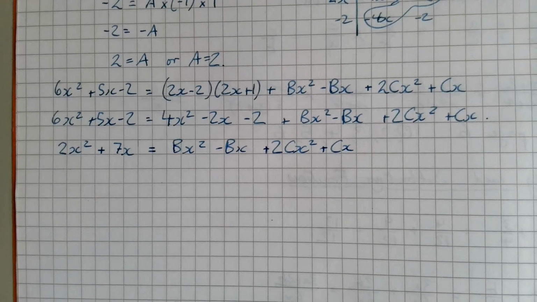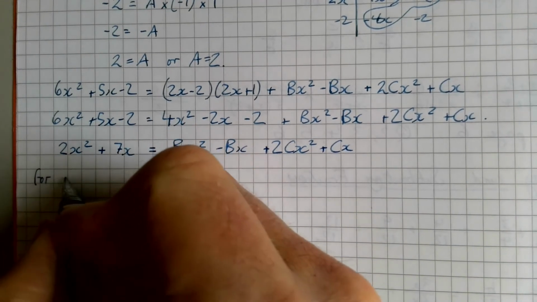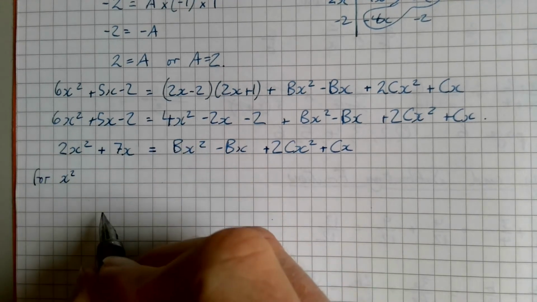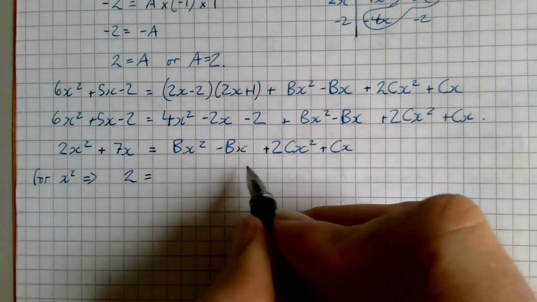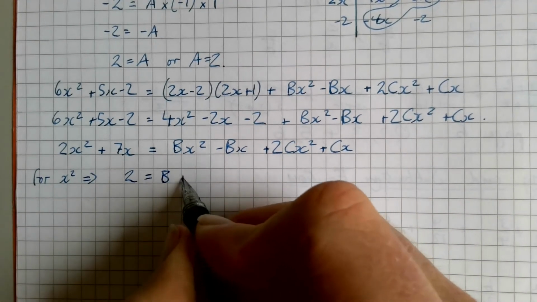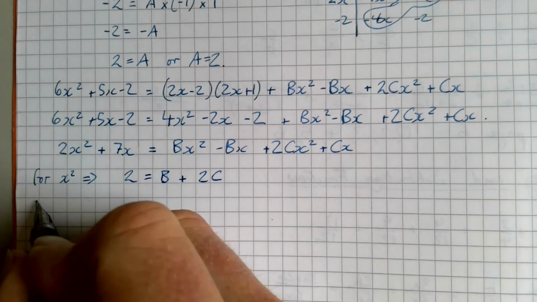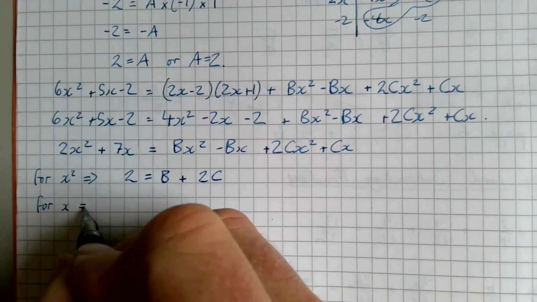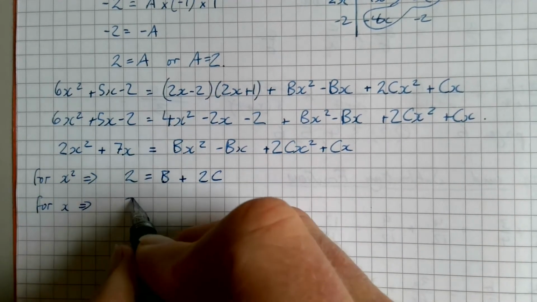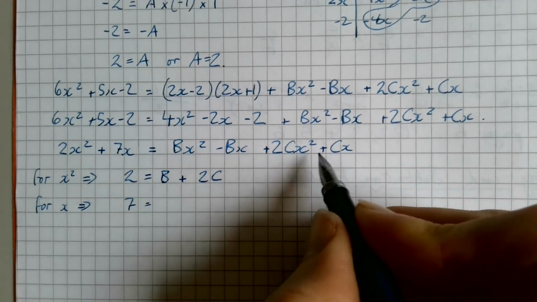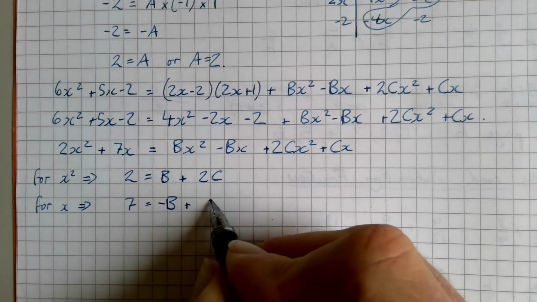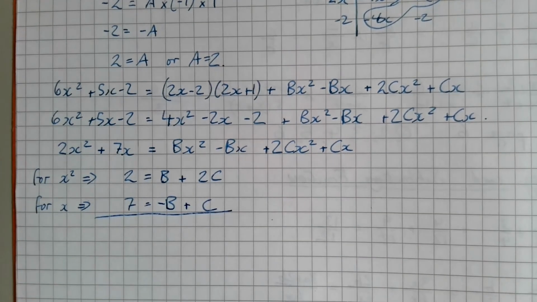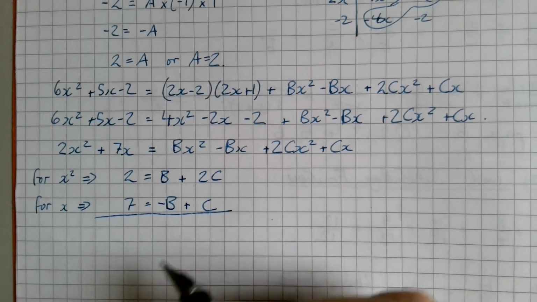And now I can do the equating coefficients for the x squared coefficients. We can say 2 is going to be equal to b plus 2c, and for x we can say 7 is going to be, I've got minus b and I've got plus c there, and that's a nice little simultaneous equation, positive and negative.